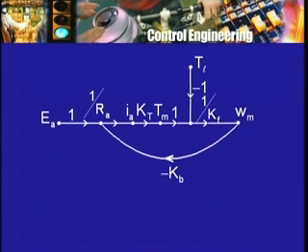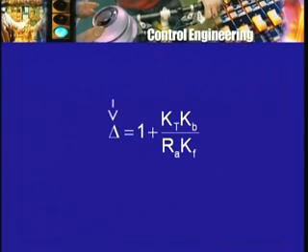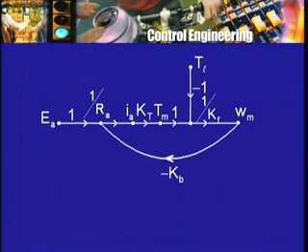Since there is only one loop, the denominator delta is very easy to write, it is simply 1 minus the loop gain. So delta will be equal to 1 minus, but there is this minus sign on this transmittance, so I will get 1 plus, and I will have Kt into Kb divided by Ra into Kf. So that will be the delta.